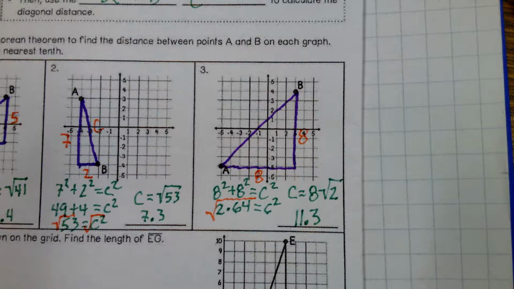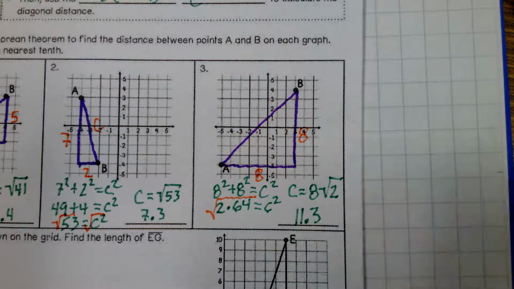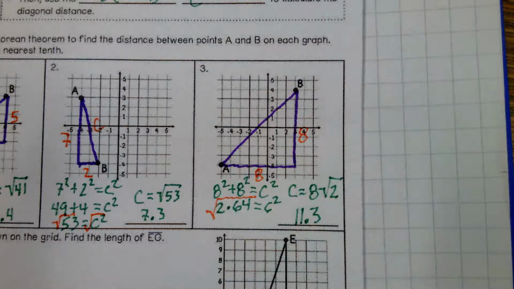So I noticed for number 3, and I don't do this with the regular 8th grade class, but some of you will go into geometry, so this is important. It was 8 and 8, so it's going to be 8 squared plus 8 squared. I just wrote it as 2 times 64 instead of 128, because I know that 64 is a perfect square and I could factor it out.